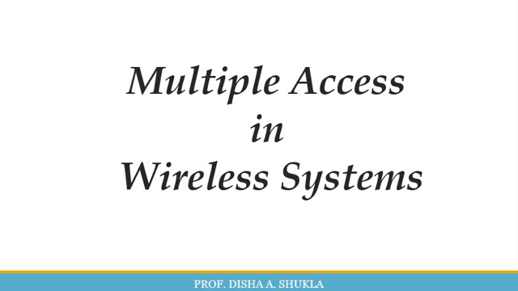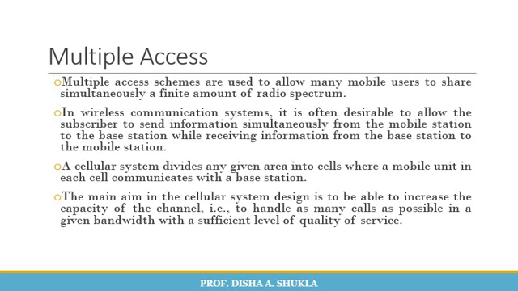Multiple access is the use of multiplexing techniques to provide communication services to multiple users over a single channel. It allows for many users at one time by sharing a finite amount of spectrum.